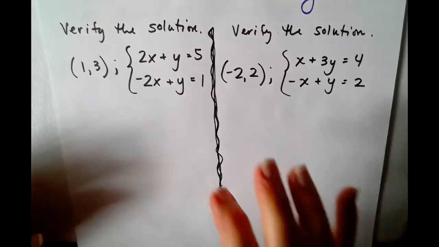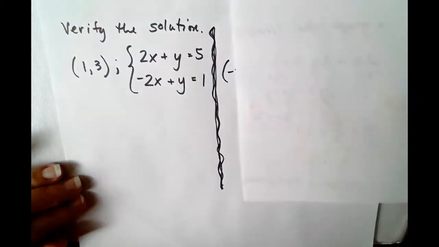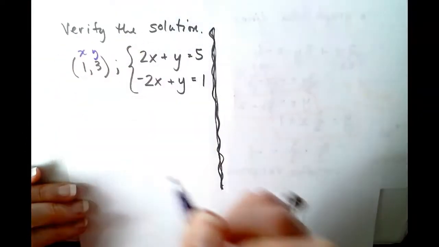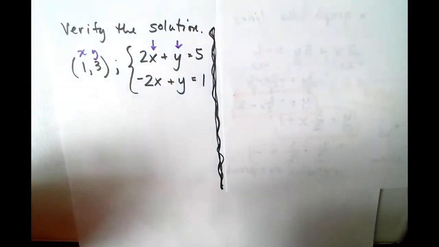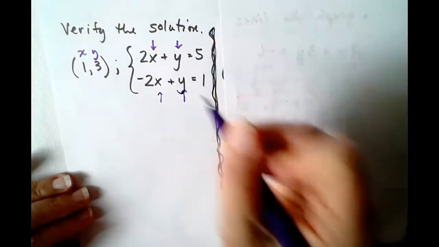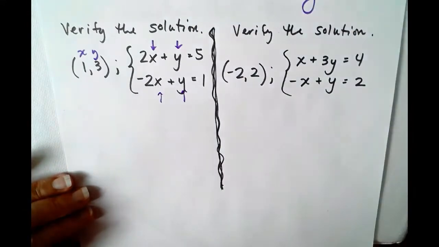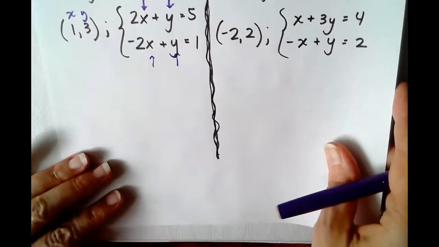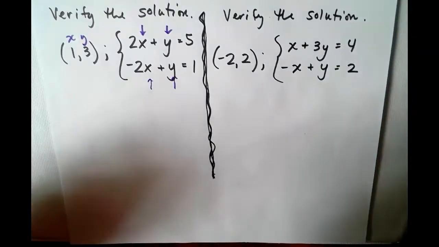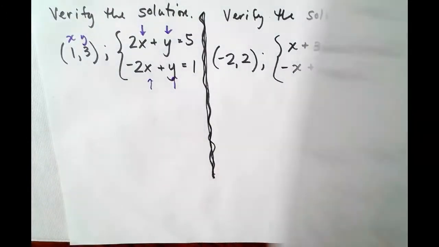So verify the solution. First, we'll do the one on the left, so I'll cover that up. Remember, this is our x and this is our y, and we'll be plugging in the x, y values into the equations. And we're looking to see that they are both true simultaneously.